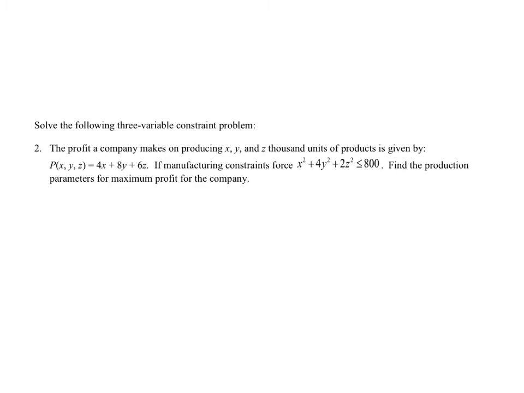So what we're going to do, again, is redefine our constraint function to be a g of x. So we're going to say x squared plus 4y squared plus 2z squared equals 800, because we only care about the outer boundary. We're going to bring the 800 over.